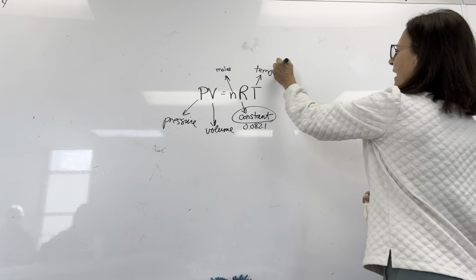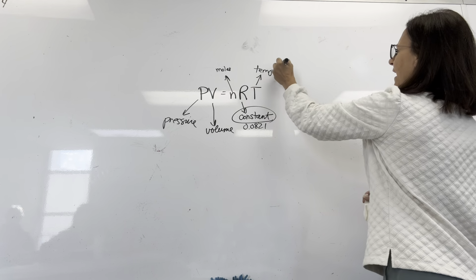All right, in order to keep this stable, if pressure goes up, then volume must go down if there's no change on the other side. That's an inverse relationship. As one goes up and the other one goes down, that's called an inverse relationship.